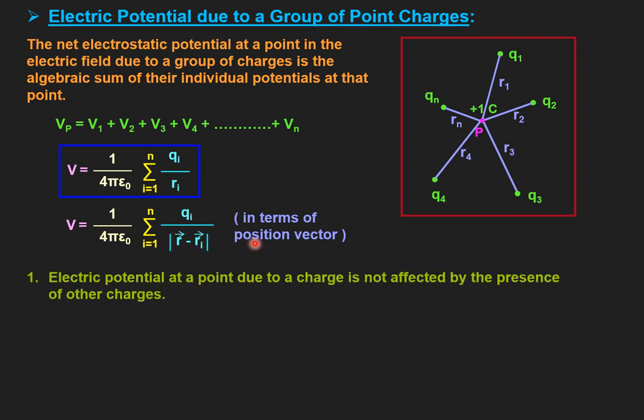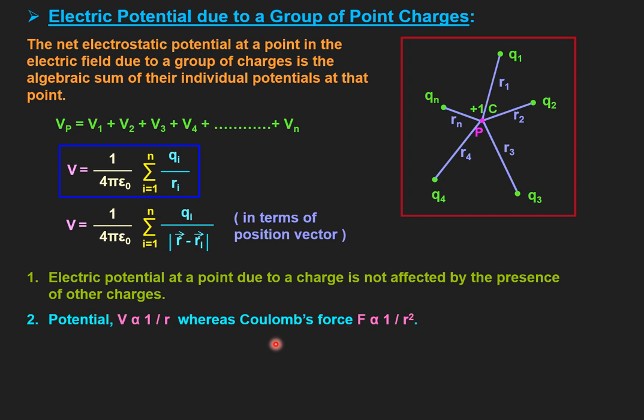So what we can conclude here is that the electric potential at a point due to a charge is not affected by the presence of other charges. Like if we want to calculate it due to Q1, it is not going to be affected by other charges. Similarly, we have already discussed that potential is a function of separation: V is proportional to 1 by R. While Coulomb's law, or the electric field due to a point charge, follows the inverse square law, that is, their dependency is 1 by R square.